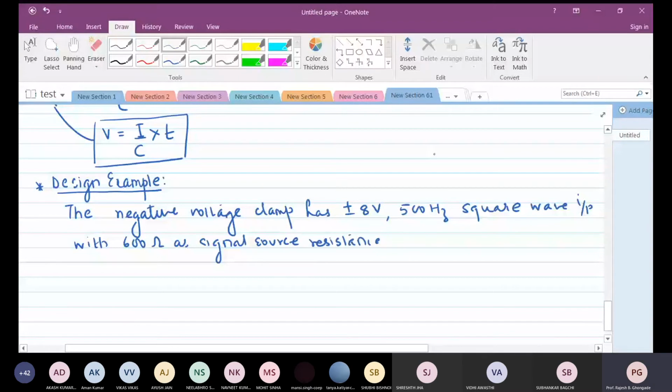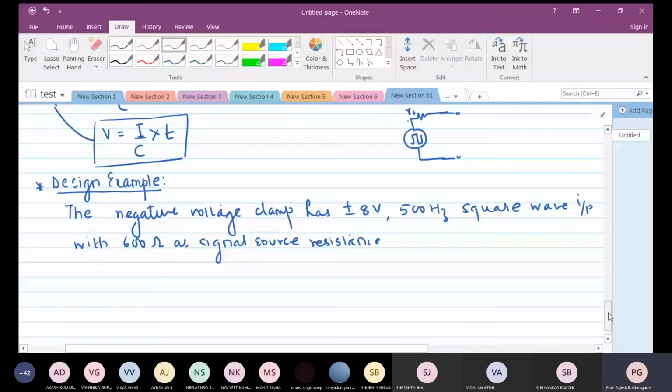This means I have a source with a series resistance, so this is the signal, and this is RS, and this is where you apply the input to your negative voltage clamp.